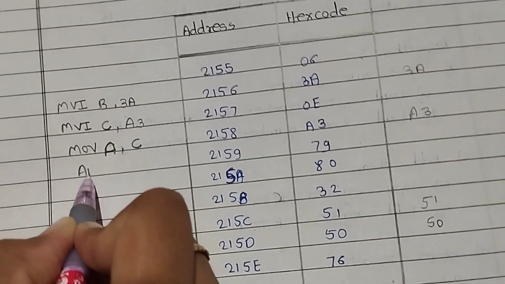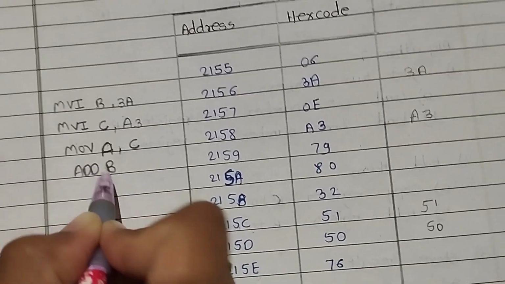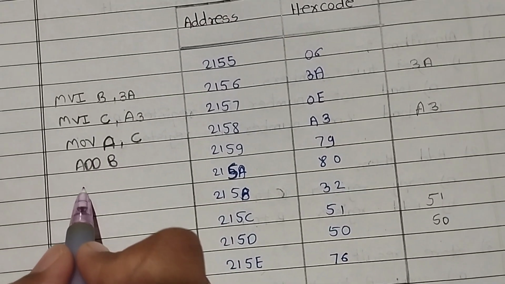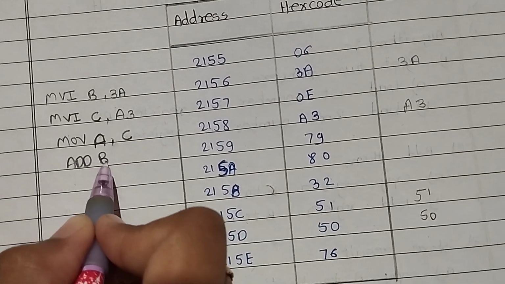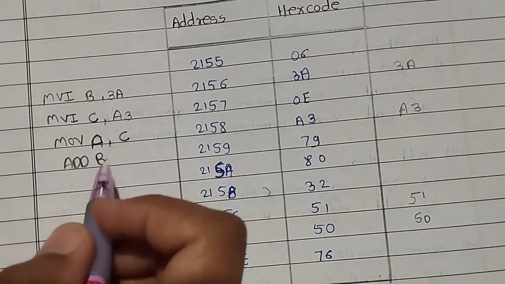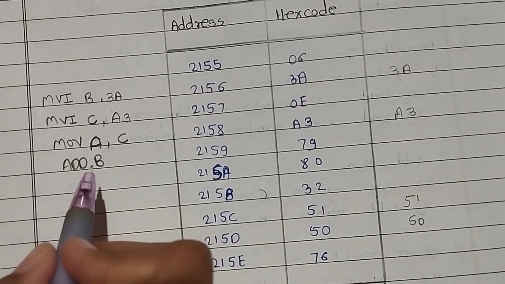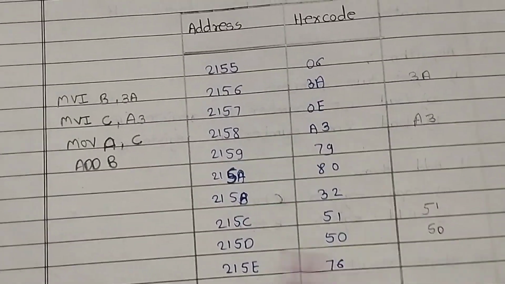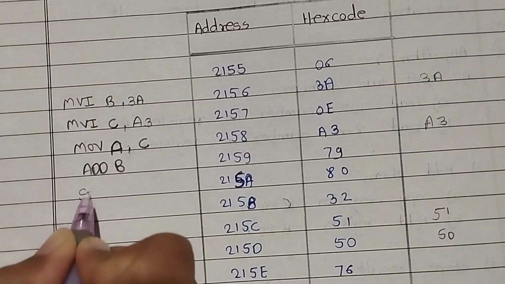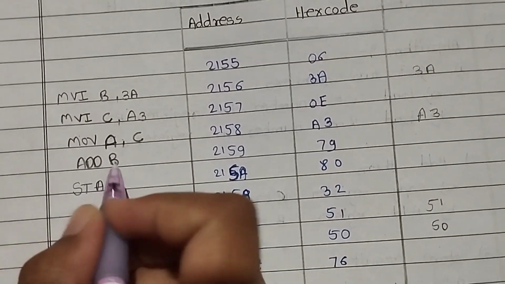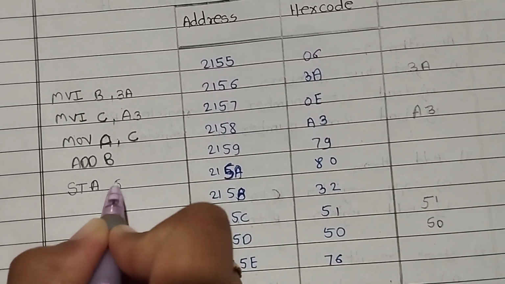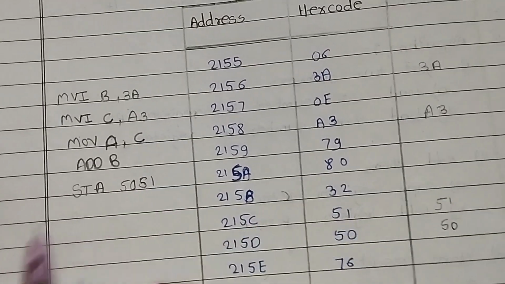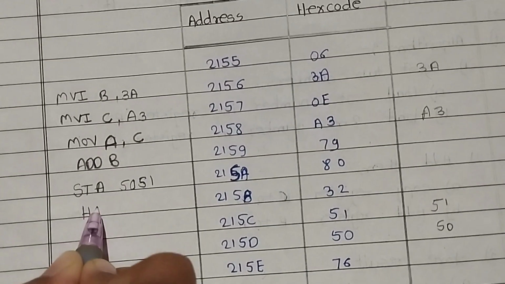Now add B. The result is stored in the accumulator, but we do not want the result in the accumulator. We want the result at location 5051. For that purpose we use the instruction STA, store accumulator, at the 5051 address. And now halt.